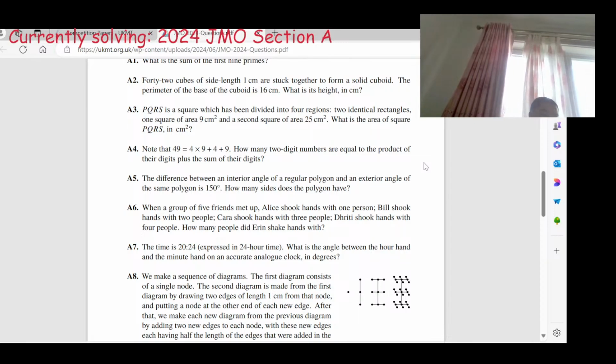I mean, A6 is a very normal graph theory problem. It actually came up in one of our Hungary camp problem solving sessions, but it's not hard. So Alice, so the host shook hands with every person. So we draw A, B, C, D, and E. Then okay, C shook hands with everyone apart from A. So like this.